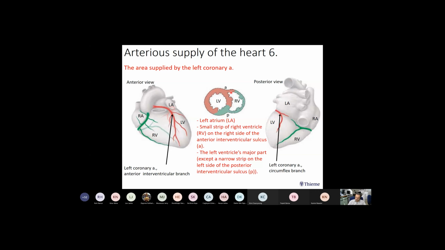And also please note that the interventricular septum here, which is supplied by both coronaries, receives more blood from the left coronary, so about a two-third area of the anterior interventricular septum is fed by the left coronary artery. So again, if the question arises, tell me what does the left coronary artery supply, then this list is what you have to say as an answer.